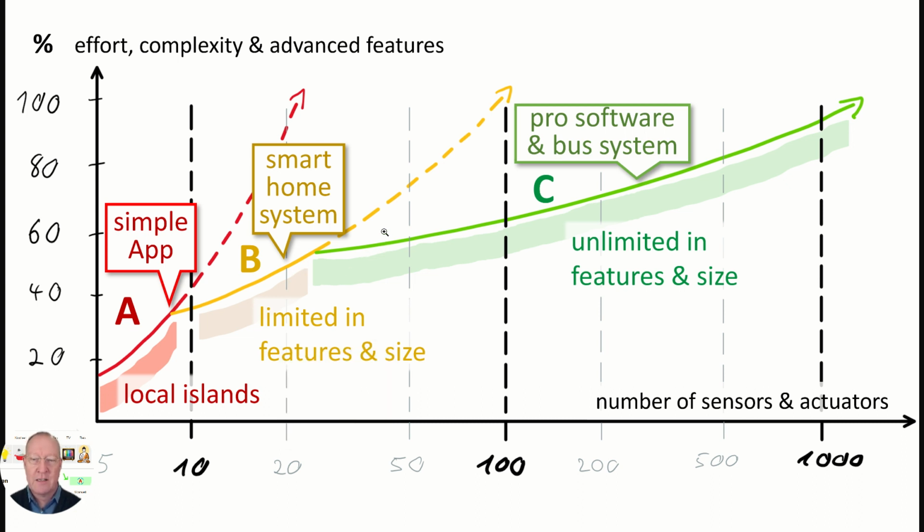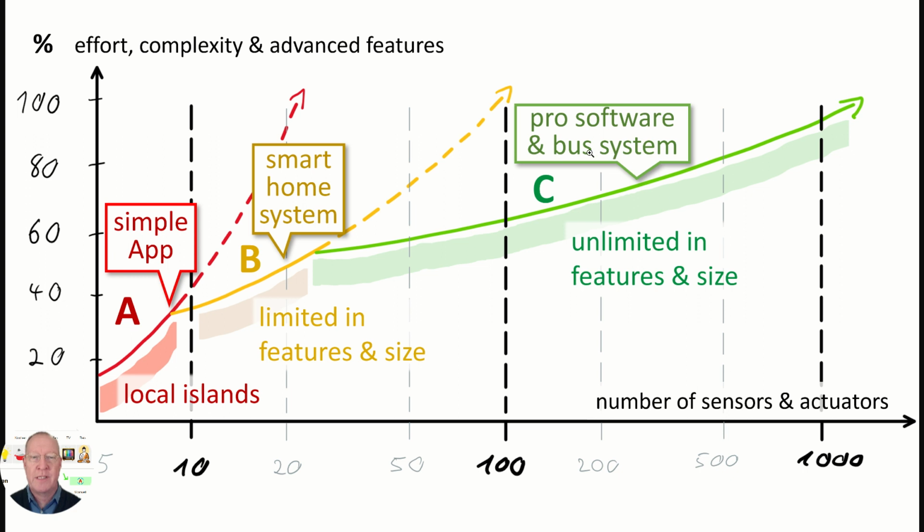So starting from some dozens of devices, category C comes into play, where you use a professional software and you need a bus system to link your high number of devices. Such a bus system can be the KNX bus, for example. There are different systems available on the market.